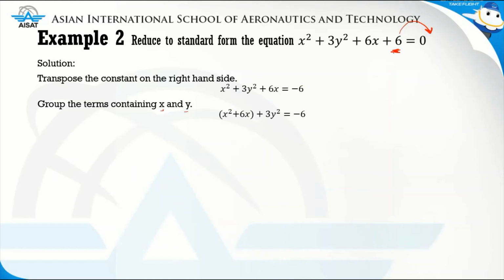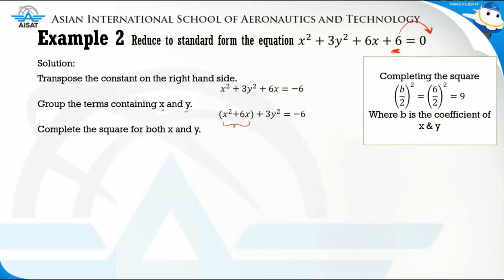And for the next step, we have to complete the square for both x and y. But in this example, we only have a group of terms in x. We only have a single term in y. So therefore, we only have to complete the square in x.